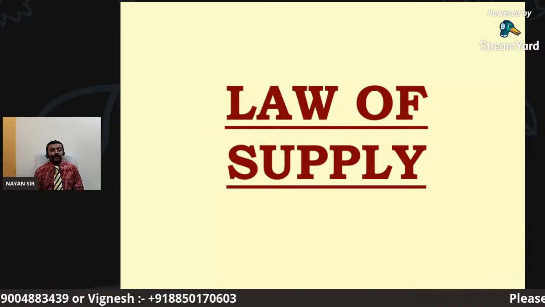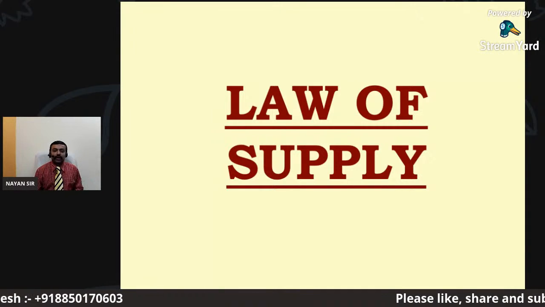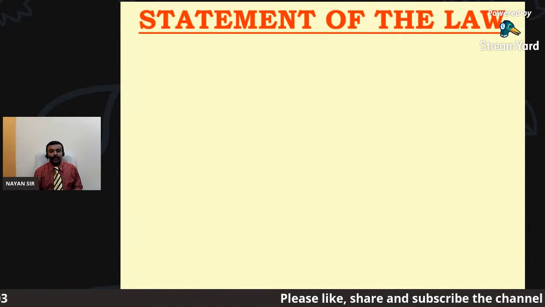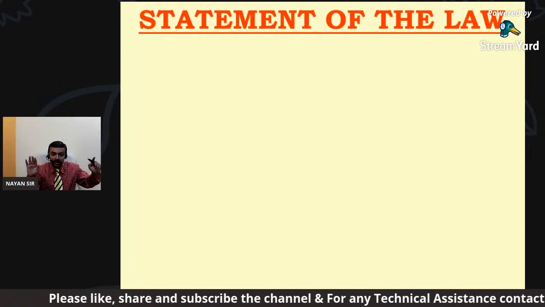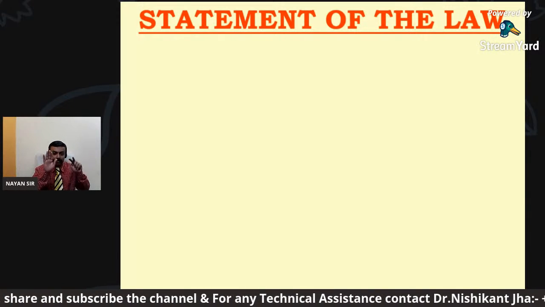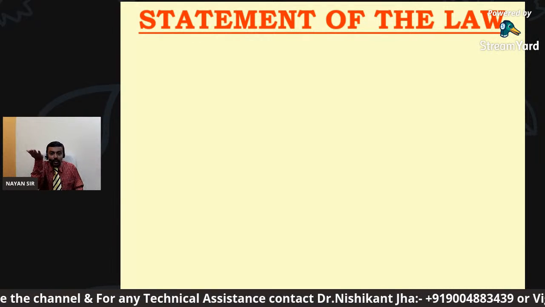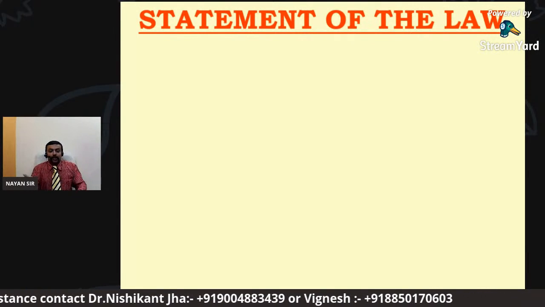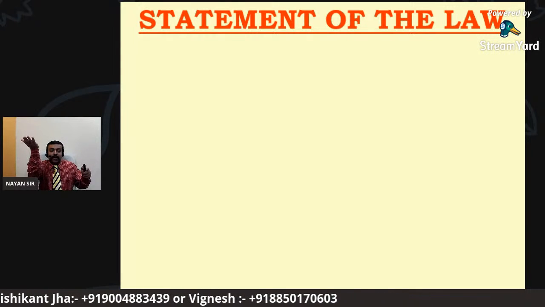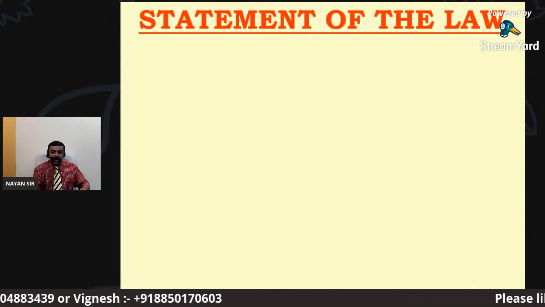higher the price of a commodity, more is the quantity supplied, and lower the price of the commodity, less is the quantity supplied, is the law of supply. I repeat once again, other things being constant, higher the price of a commodity, more the quantity supplied, and lower the price, lower. In demand, price high, demand low, price low, demand high.